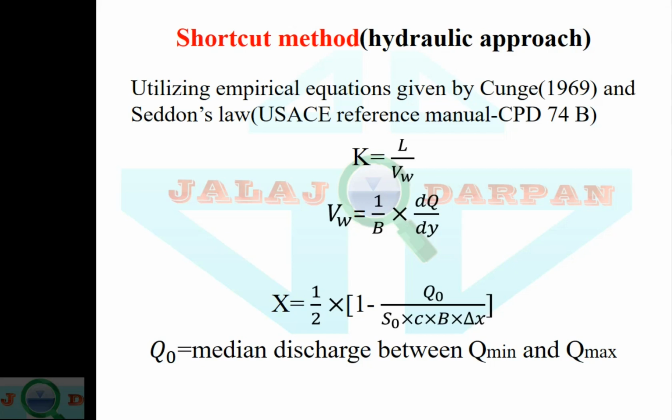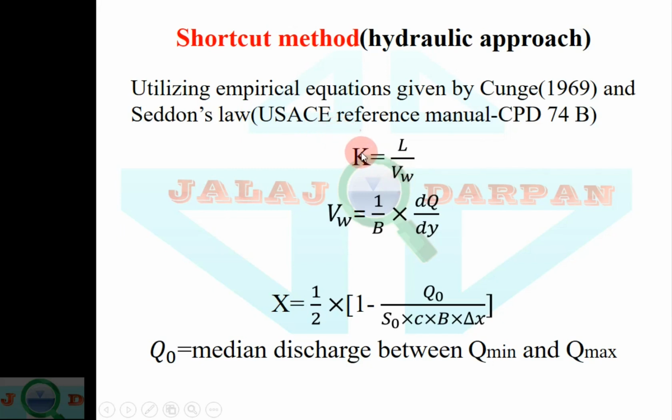Now comes the shortcut method, that is the hydraulic approach, utilizing the empirical equations given by Kunz and Seddon's law. These equations are well documented in the USACE reference manual CPD 74B.